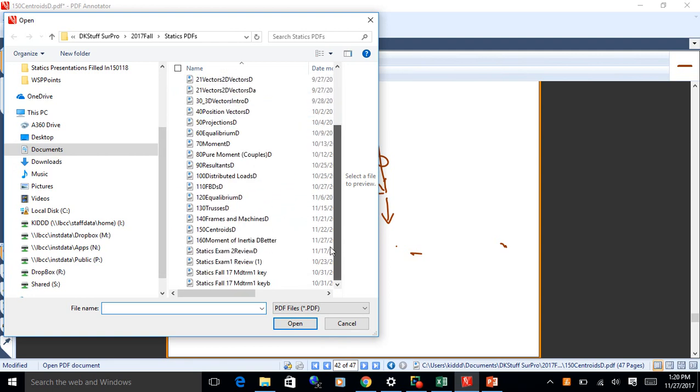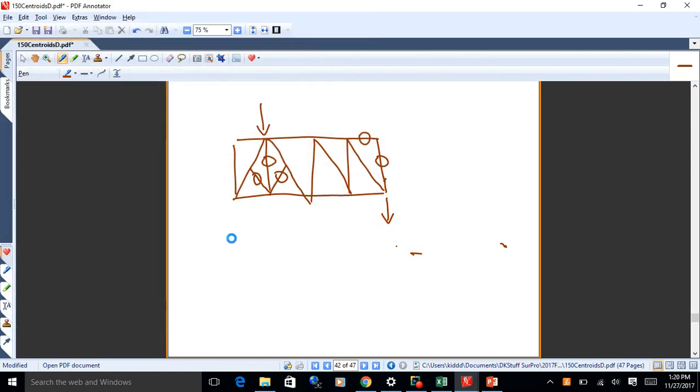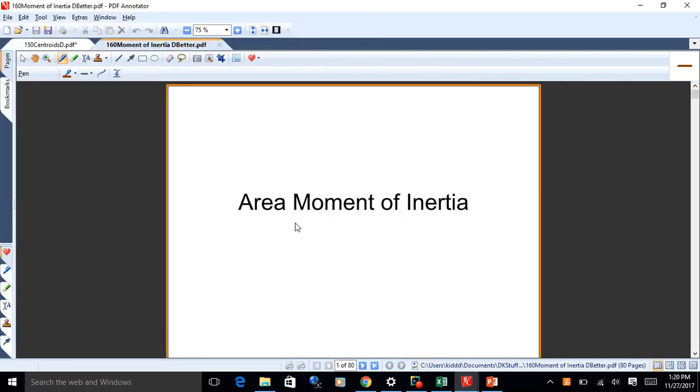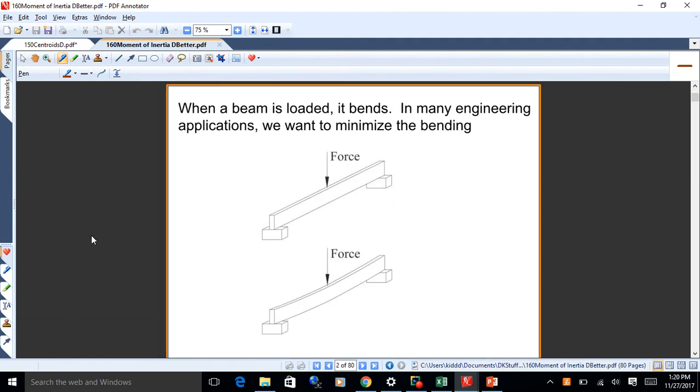So let's have a look here. All right, so an area moment of inertia is a property of a beam that kind of helps it resist bending, you might say.